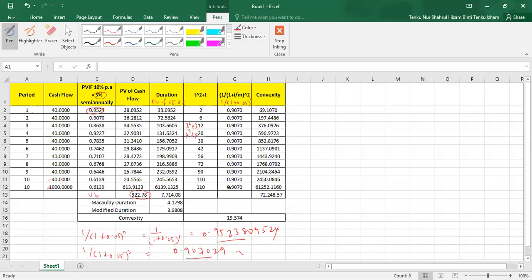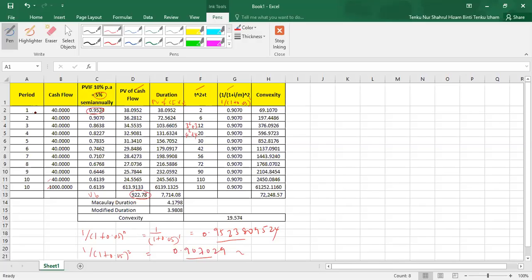So you will get the same value until the end of the period. Now we look into the convexity. As I mentioned, the convexity is actually the combination of the present value, the time weightage, and the discounting.